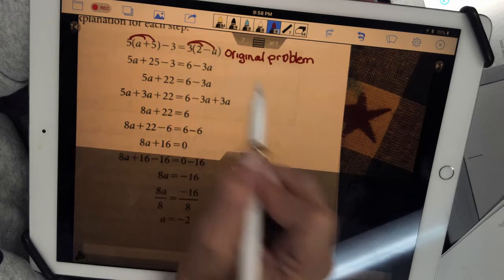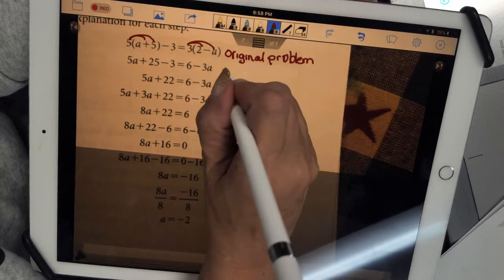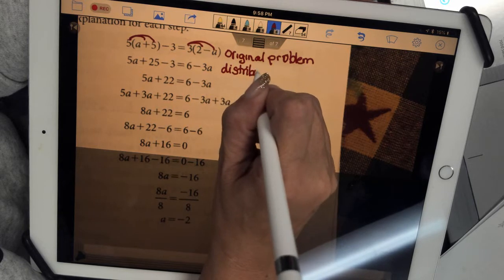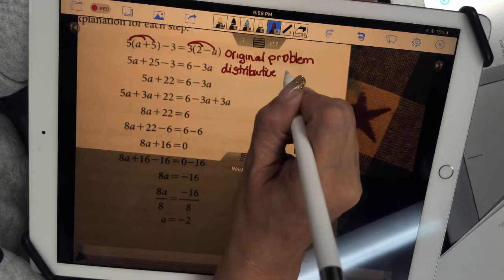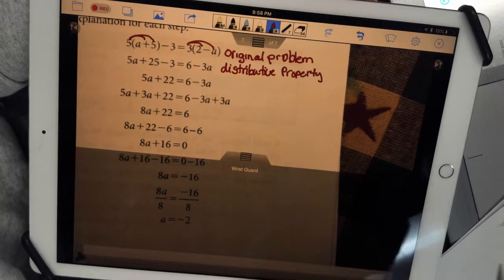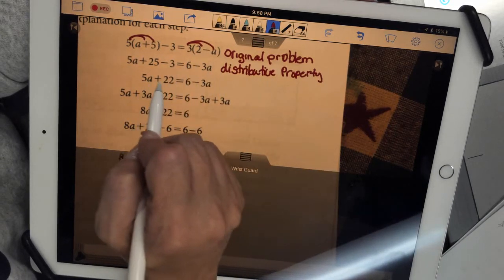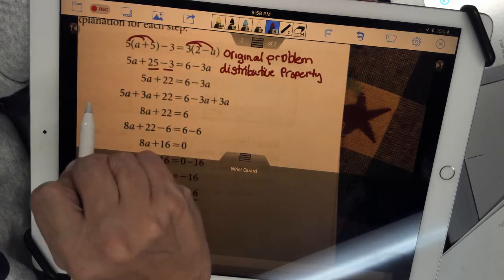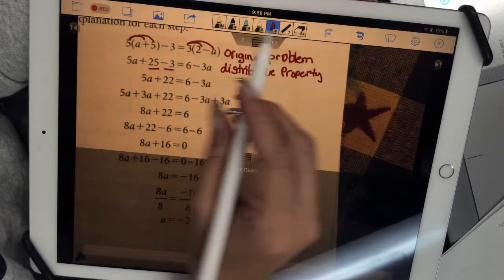Did they do it correctly? Yeah, that looks right. So I'm going to say this is distributive property. Then I'm going to notice that it looks like they put those together, and they got 22, so that's right.